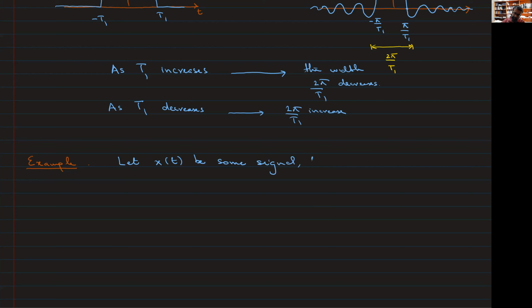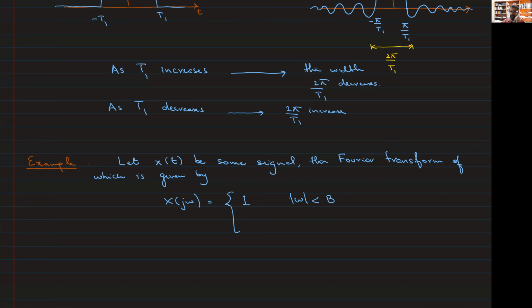The Fourier transform of which is given by x of j omega is equal to 1 for all values of omega which are less than b in absolute value, and is 0 otherwise.